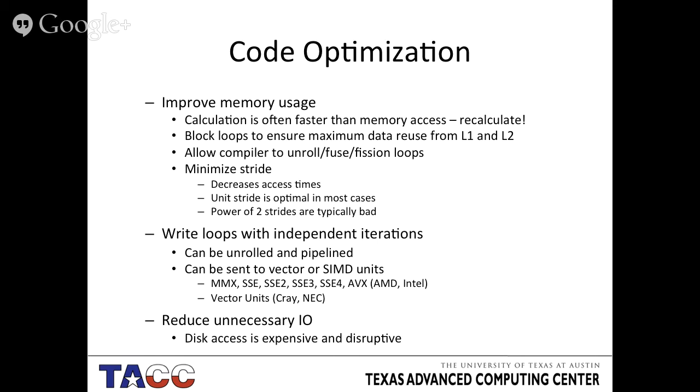And minimizing stride. This always helps for the simple reason that when the runtime brings data from memory into cache, it brings it in lines of 64 bytes. So it never brings a single double precision element. It brings 8 at a time. If out of those 8, you only use 1 or 2, then you're wasting a lot of memory bandwidth.